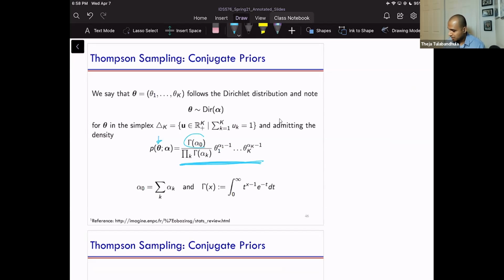You may ask, what is this gamma and all that? They're mathematical special functions, just like e to the power x and so on. So this is the prior. This is the Dirichlet distribution, and the Dirichlet distribution happens to be the conjugate prior for the categorical distribution.